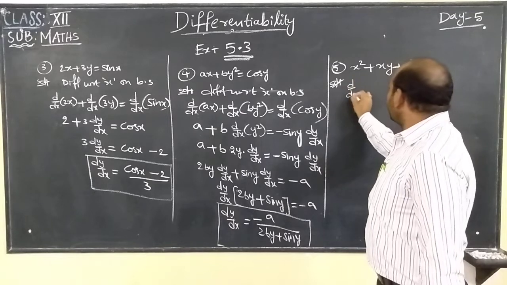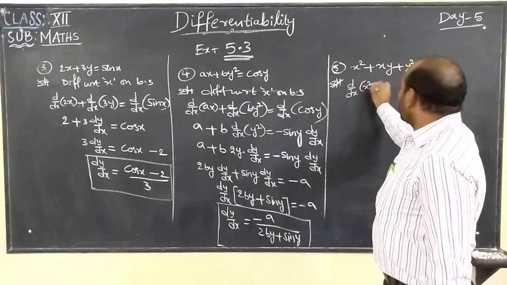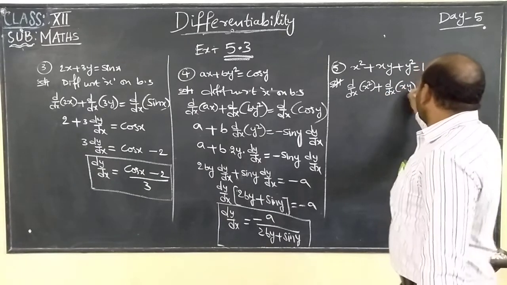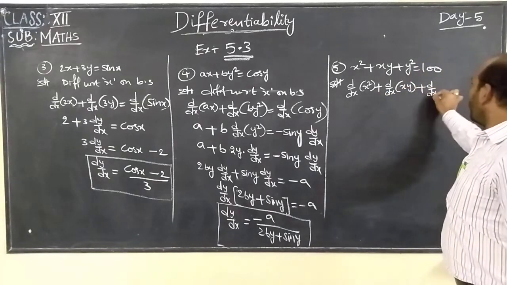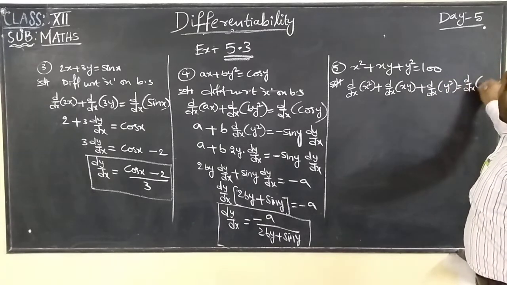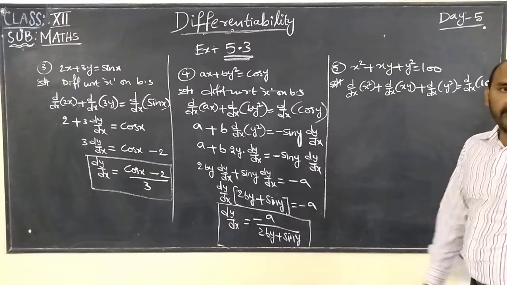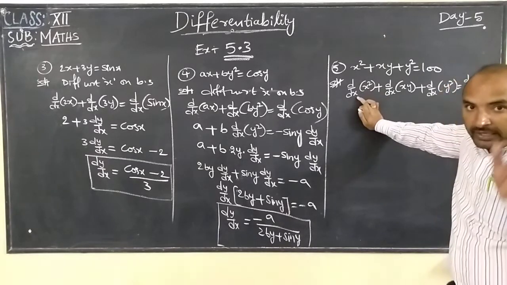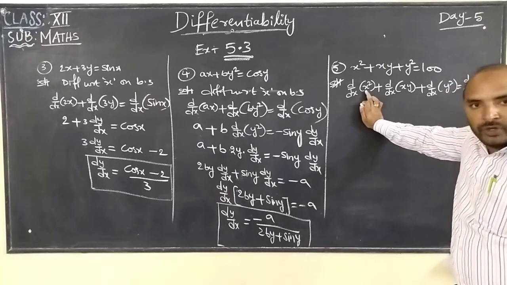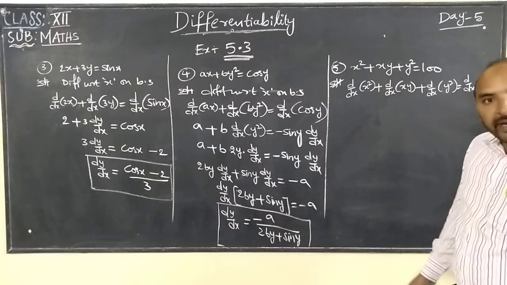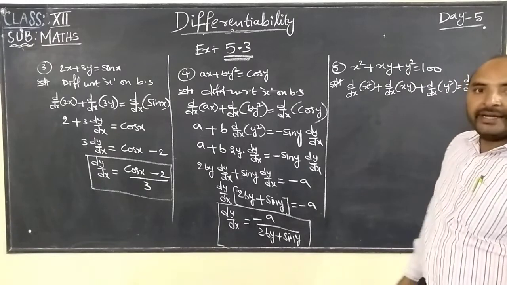So d by dx of x square plus d by dx of xy plus d by dx of y square is equal to d by dx of 100. If it is the same variable, you can write the direct formula. Here both variables are different, so you have to apply the derivative again.